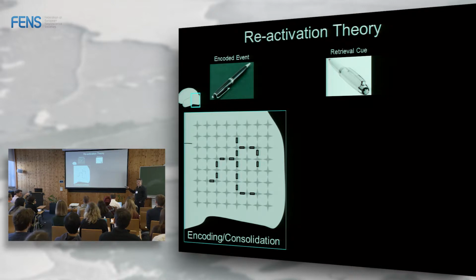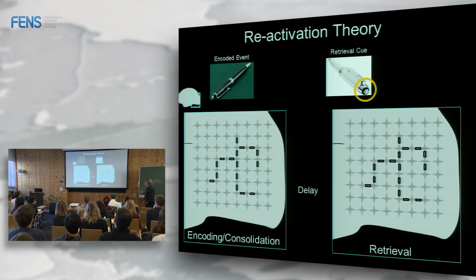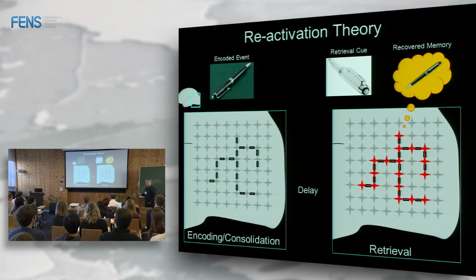So the neurons are not active anymore, but the connections between them have changed. Later, after a delay, when you see another pen, and some feature of it reminds you of the other pen, that may activate part of the memory trace, which leads to the reactivation of the whole trace, leading to the experience of remembering the previous pen, right? This is the standard theory of how this works.